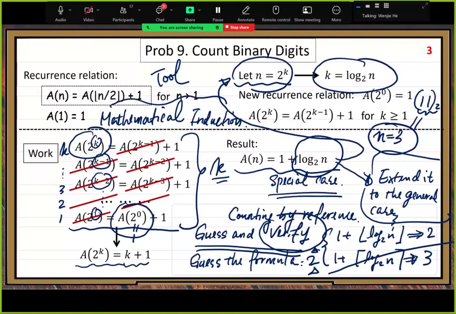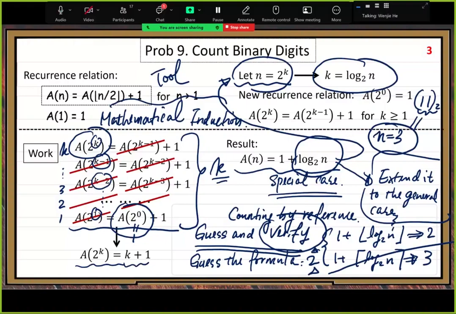But I want to reduce our lecture time a little, because later when we solve the Fibonacci numbers problem, we need to apply mathematical induction another time. So on this problem, I skip that. When we go to the Fibonacci numbers formula, then I show you how to apply mathematical induction. So I only do it once.